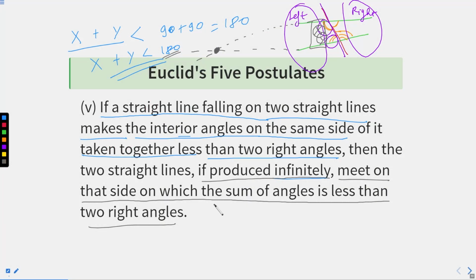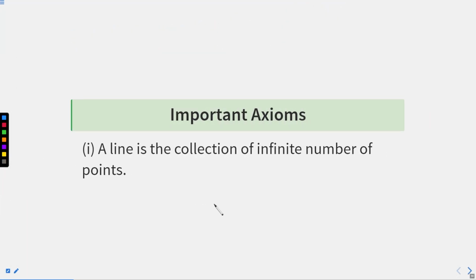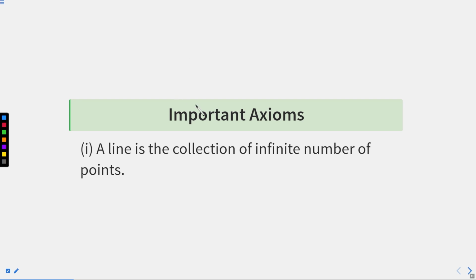So let's move to the next. Now, the important axioms, or important assumptions, in Euclid's geometry. First, a line is a collection of an infinite number of points.